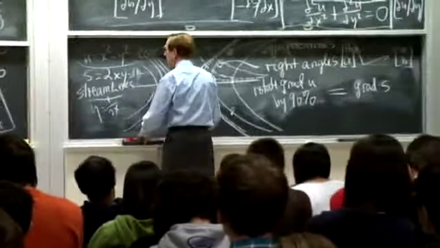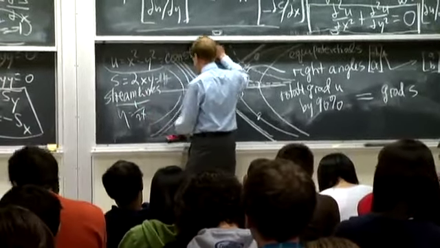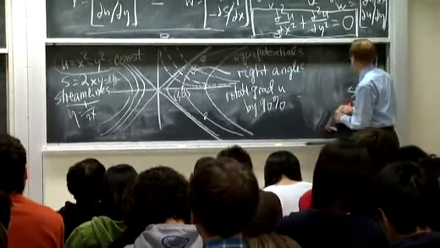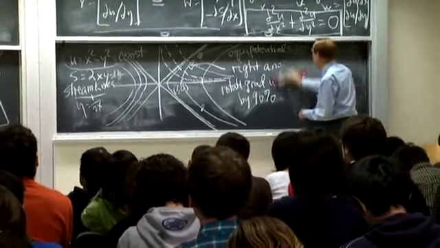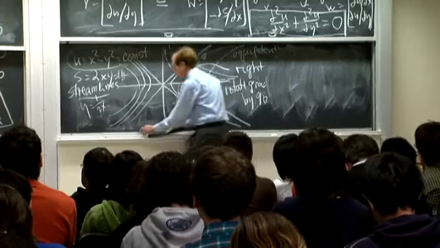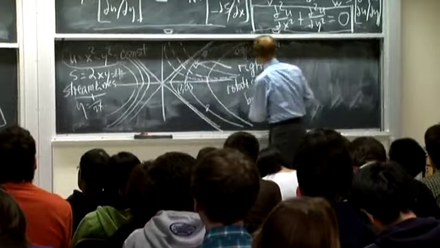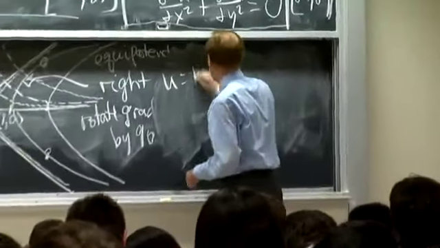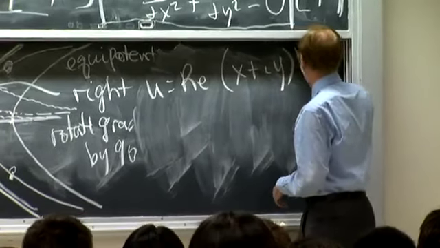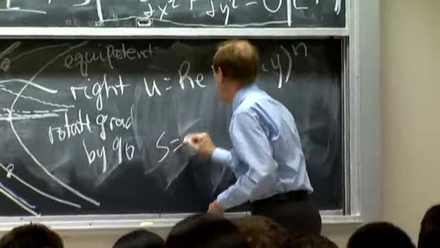And this is now the moment to celebrate, right? Because we've got a giant family of solutions to Laplace's equation. We've got the real parts. So u is the real part of x plus iy to any power, and s will be the imaginary part.